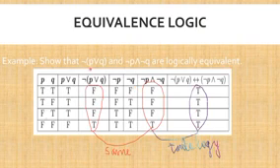We need the values of P, Q, then negation P, negation Q. So PQ is given. With that, first we get the value of P cup Q and its negation. For P cup Q, if any one is true, it means true. We have framed this column. Its negation, meaning the opposite of these values, is given in the next column.